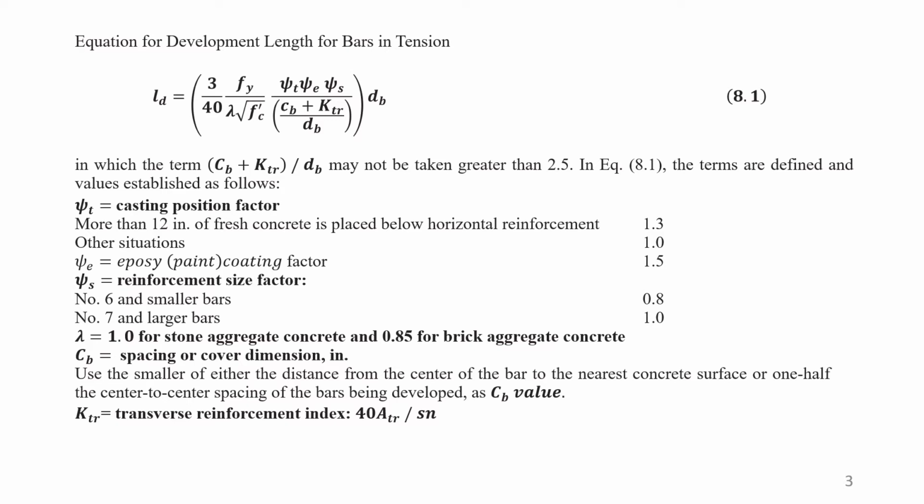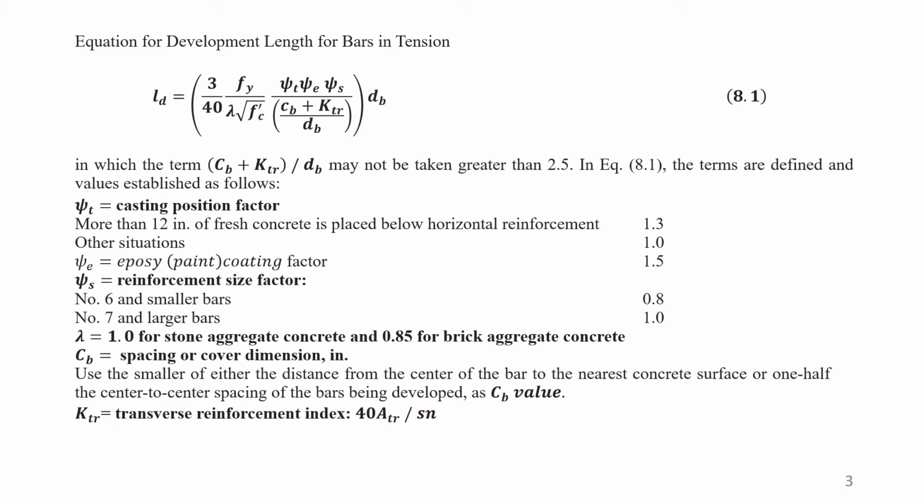In this equation, at the top there are three factors which are denoted by psi. This is a new alphabet, a Greek alphabet, and its sound is psi. Normally we are not very much associated with this symbol, but we have to learn this symbol psi for the sake of development length calculation.